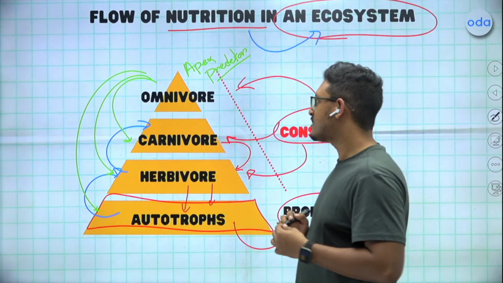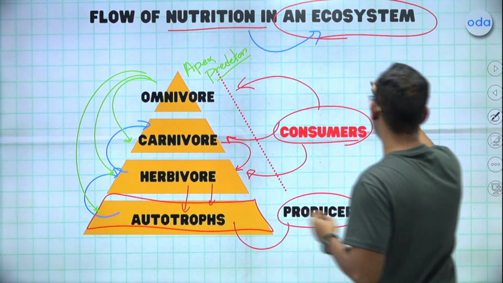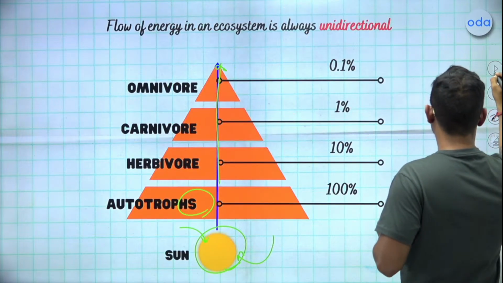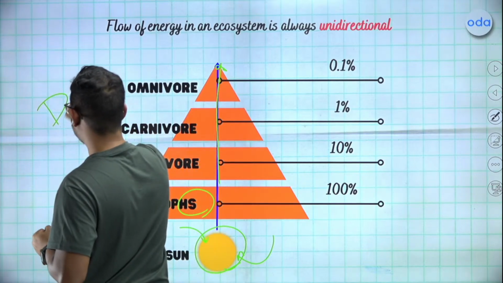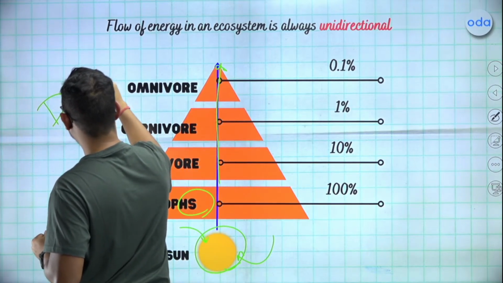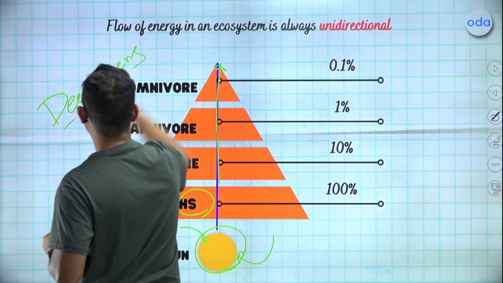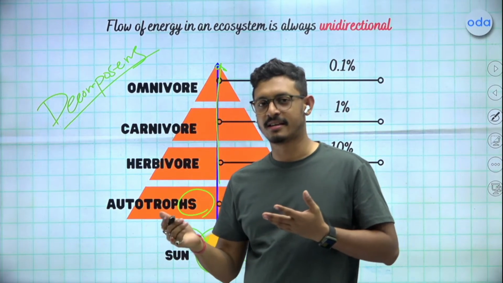Now, there is one entity that I did not talk to you about, and that is decomposers. We usually say it's a food chain, right?